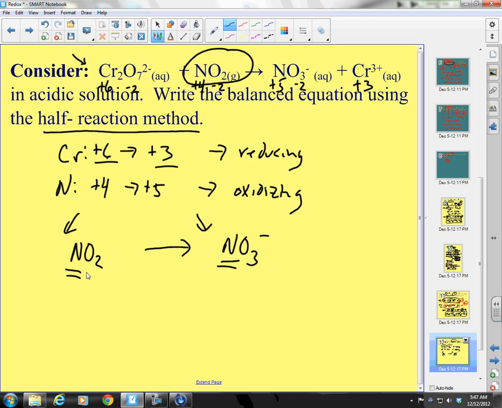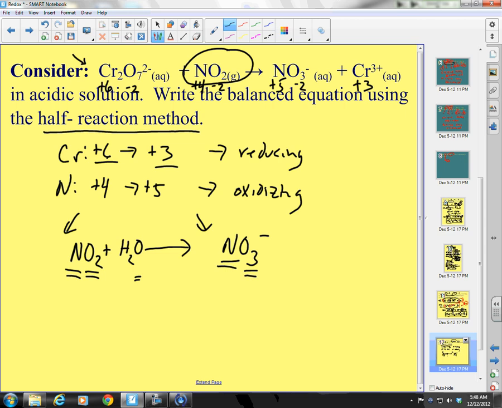How many oxygens do I have here? I have 2 oxygens. How many oxygens do I have there? 3. So then I want to add water to which side? Well, which side has fewer oxygens? Well, this side. So I want to add a water. And how many? Well, H2O, there's 1 oxygen. Okay, now I have what? 2 and 1. That's 3 and 3. Okay, now that is balanced.